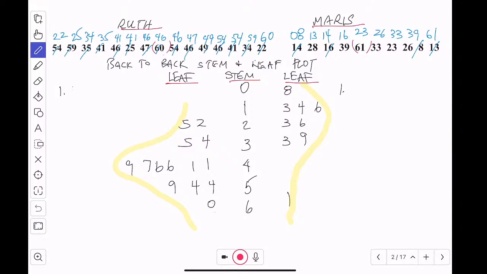Shape. Ruth has a symmetric distribution. Most of the values are in the center. Some are lower, and just as many, even though there's 3, are higher. The way that I've drawn it, I believe if I had more data, this would just fill in here and have this shape.